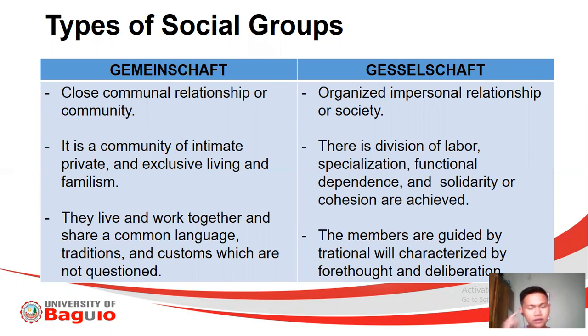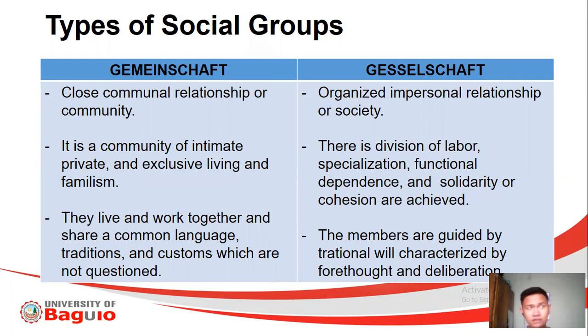So next muna ulit tayo, we have the Gesellschaft, and it is also defined. First one is the organized impersonal relationship or society. So therefore, parang parehas din yan with the secondary group, or yung aggregates. If you could still remember our discussion on the cluster of society, when you say aggregates, the people or members are only located in a certain area, but it does not mean that they know each other.